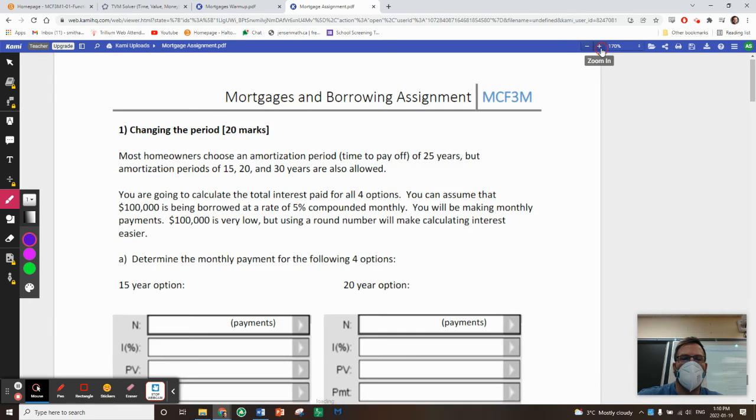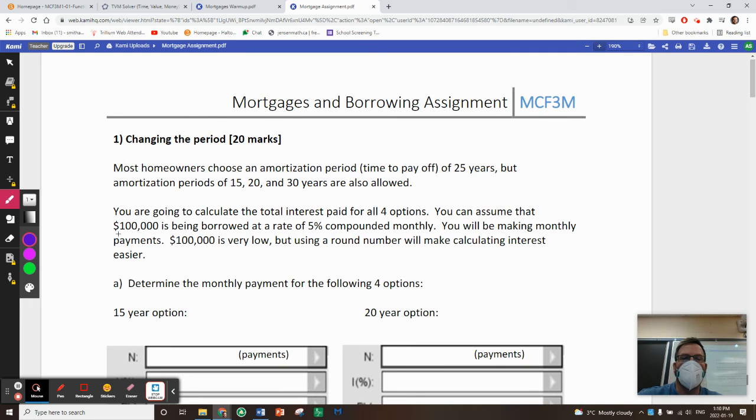So one thing you'll notice is in this question, we're only using $100,000 for our present value. That's very low for a mortgage, but it's just going to make calculating interest easier. It's very easy to subtract $100,000 from something. And for question one, it's the same mortgage, $100,000, the same interest rate. It's monthly. But we're going to see what happens when people pay off their mortgage faster and faster.